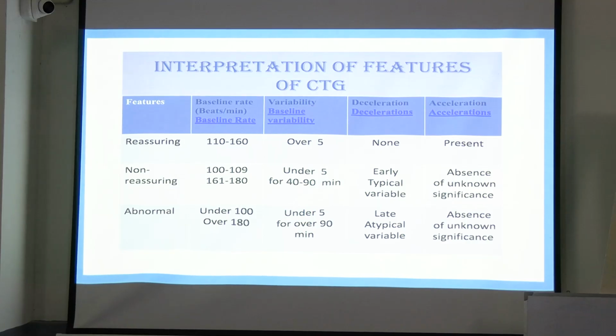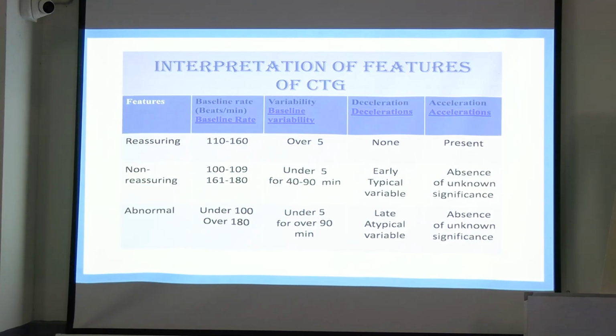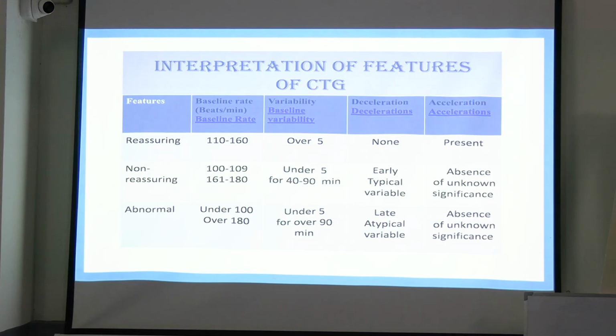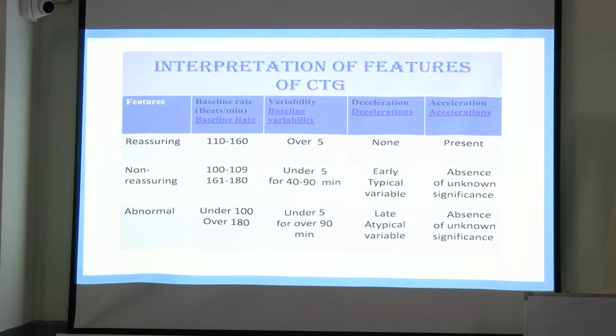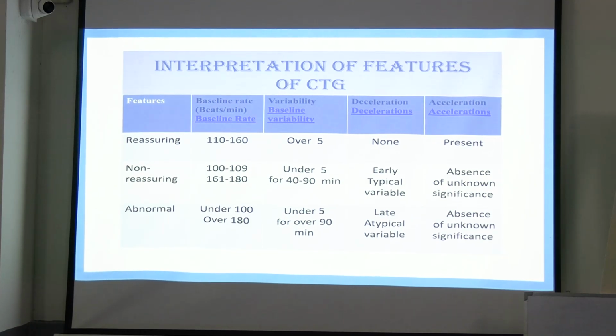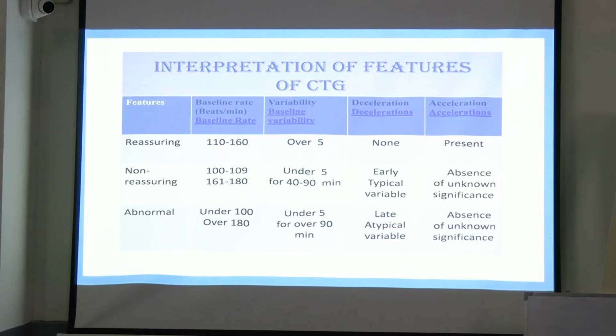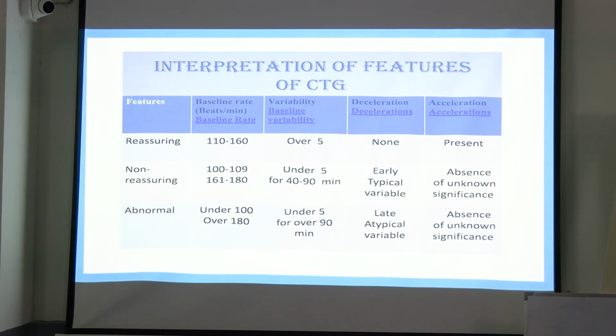Baseline variability. If it is more than 5, it is reassuring. If it is less than 5 beats per minute variability for 40 to 90 minutes, it is non-reassuring. If the baseline variability is less than 5 for more than 90 minutes, that is abnormal. No deceleration is there, that is good, that is reassuring. If acceleration is present, it is good, reassuring.